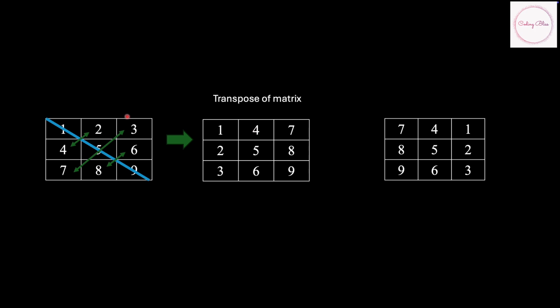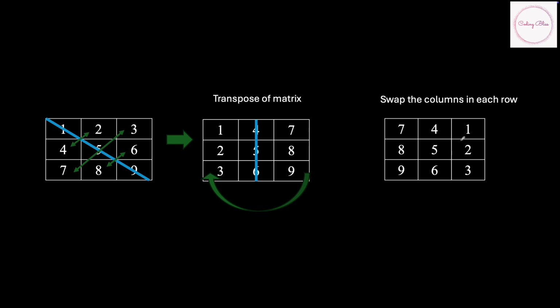You can see here, 4 becomes 2, 2 and 7, and 3 are swapped, 8 and 6 are swapped. Now it is very close to our 90 degree rotated matrix. If you now swap the columns for each row, you will get the final matrix.